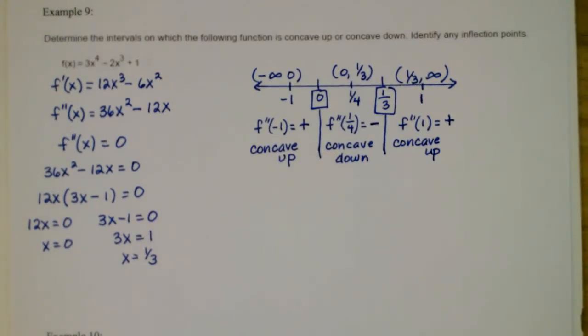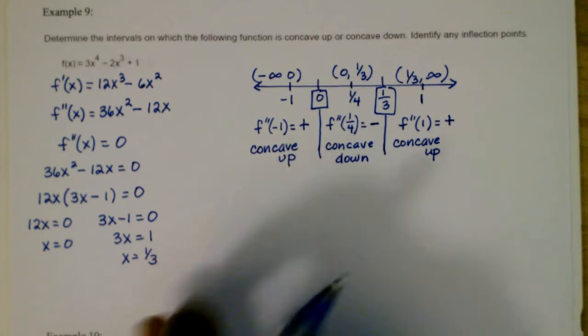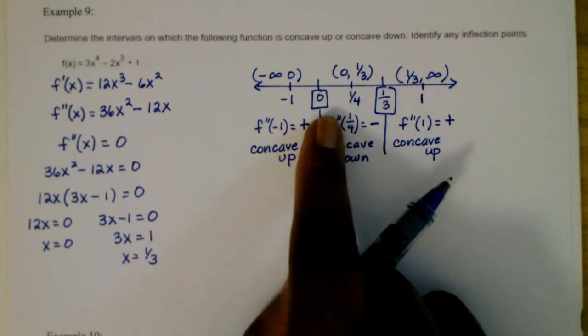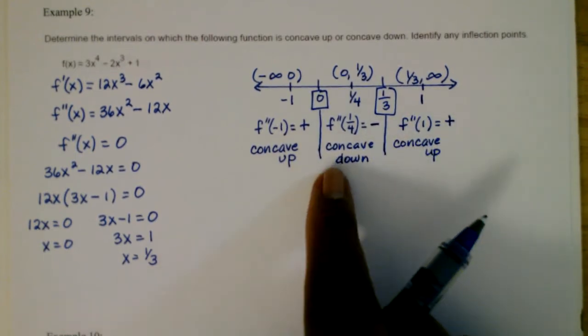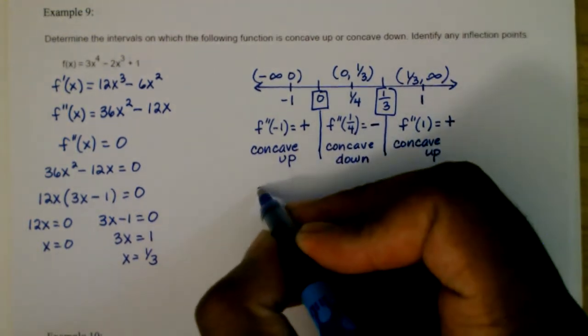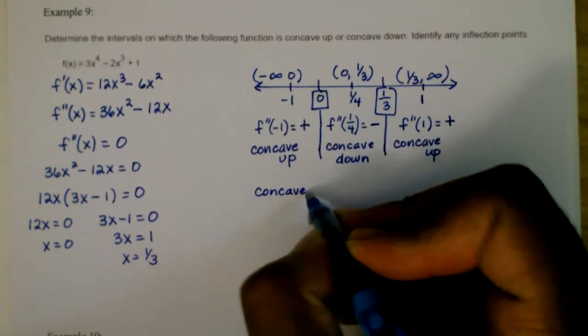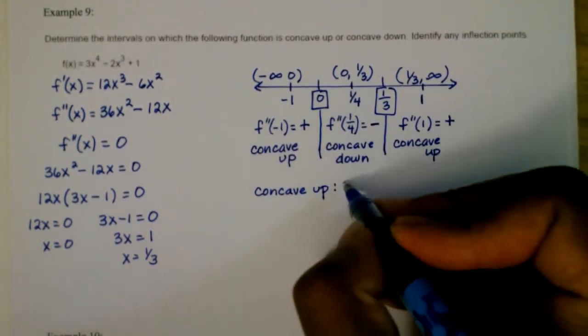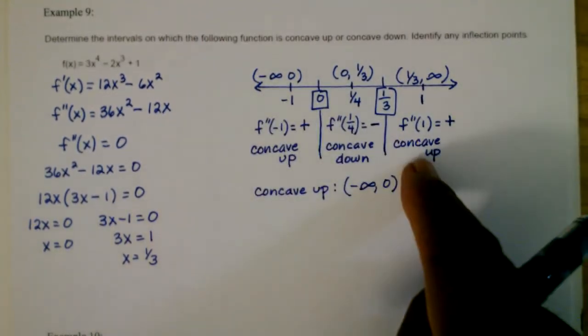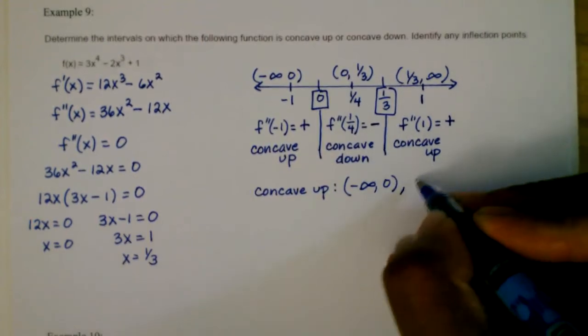Okay. So now let's check where our concavity changed. At 0, we went from concave up to concave down. That's a point of inflection. And for 1/3, we went from concave down to concave up. That's another point of inflection. So the intervals where it was concave up were from negative infinity to 0, and then again from 1/3 to infinity.